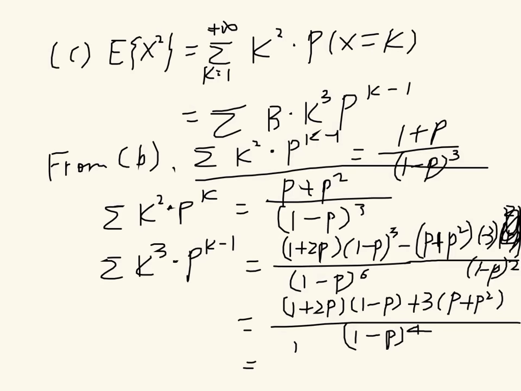And this is equal to 1 plus p minus 2p squared plus 3p plus 3p squared over (1 minus p) to the power 4, and equal to p squared plus 4p plus 1 over (1 minus p) to the power 4.